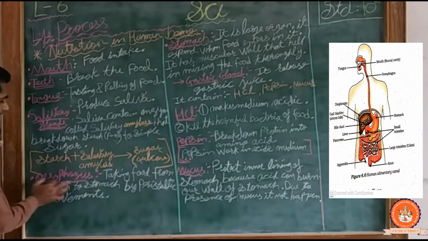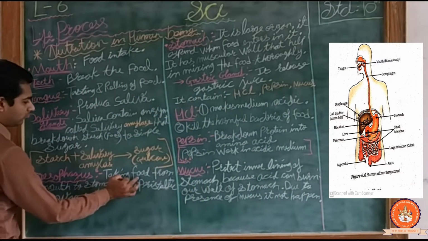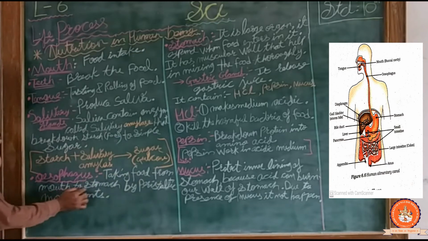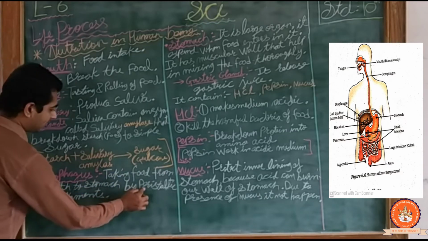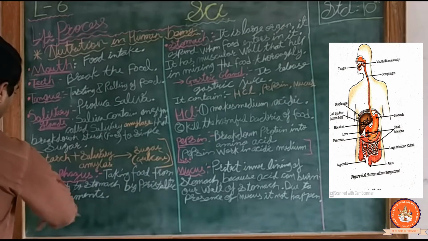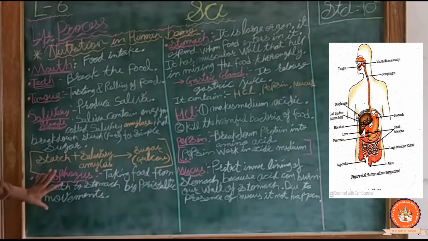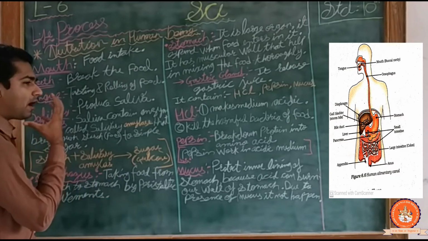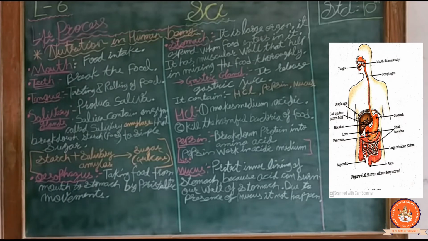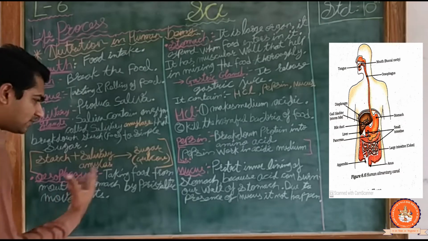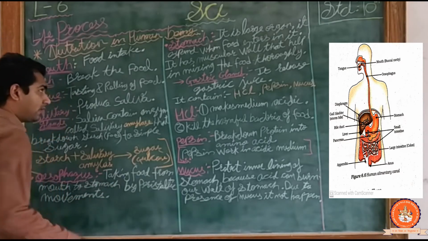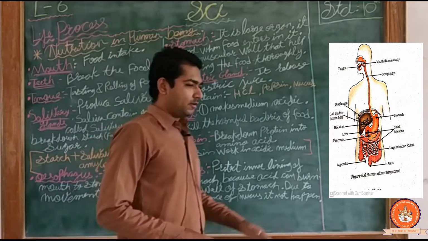Clear? Esophagus. So it takes food from the mouth to the stomach by peristaltic movement. So now the food is in your mouth and it comes into your stomach. Clear? Through which movement? Peristaltic movement. Now what is peristaltic movement?